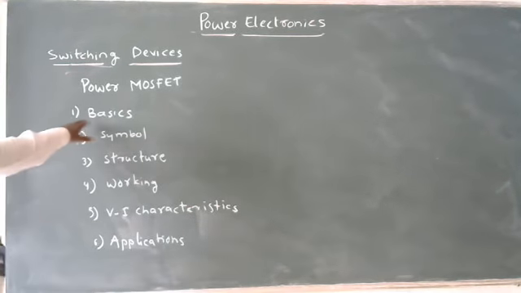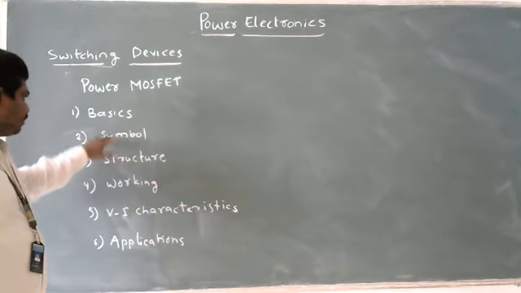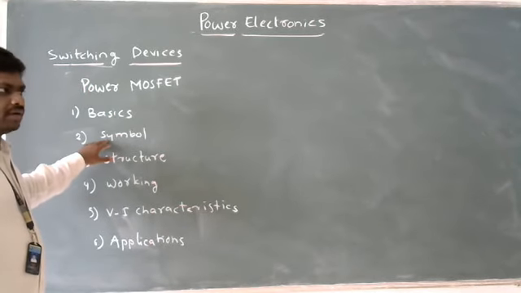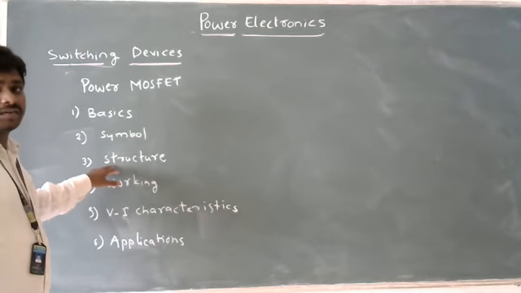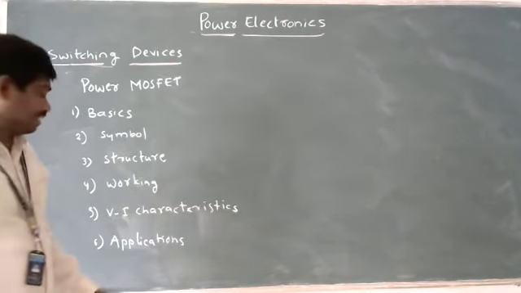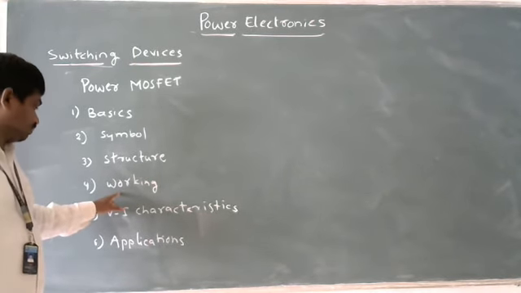I'm going to discuss the basics of power MOSFET, and I'm taking the symbol, how it looks, and the structure. Structure means the difference between normal MOSFET and power MOSFET. Then we will see the working of power MOSFET.